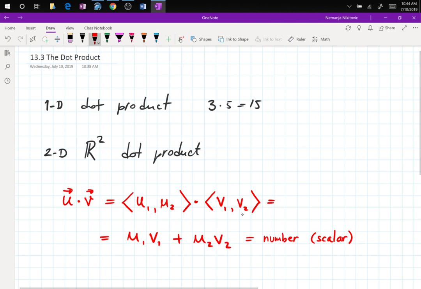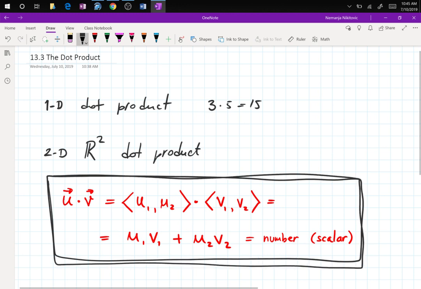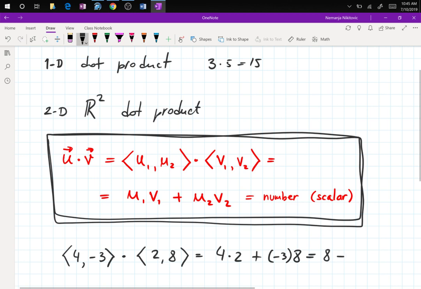When you multiply in a dot product, you multiply two vectors, you will get a scalar. This is the way to compute the dot product, and the example would be, let's say, 4, -3 dotted with 2, 8. You will have 4 times 2 plus -3 times 8, which would be 8 minus 24 equals -16.